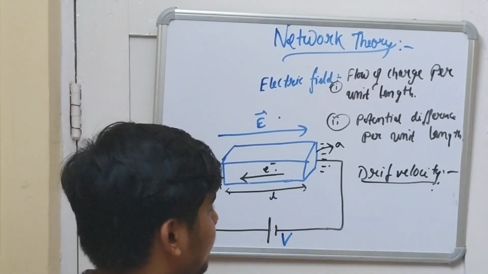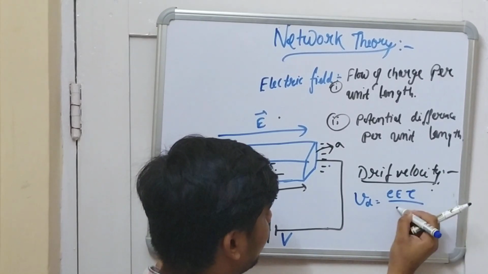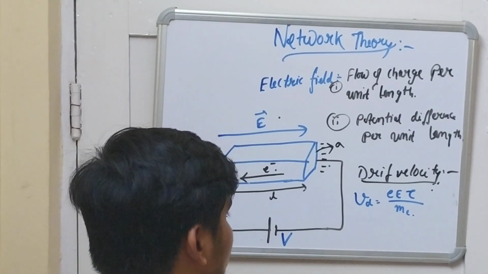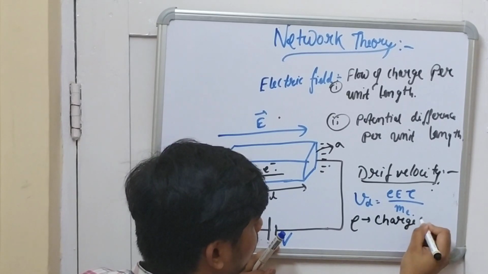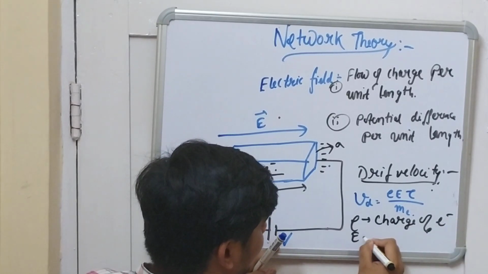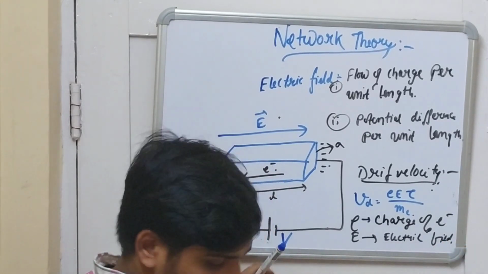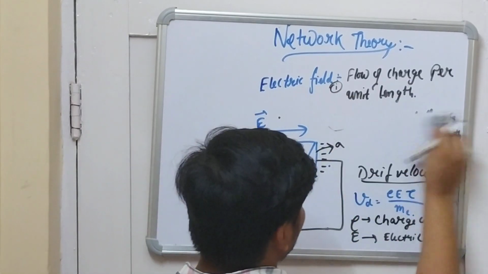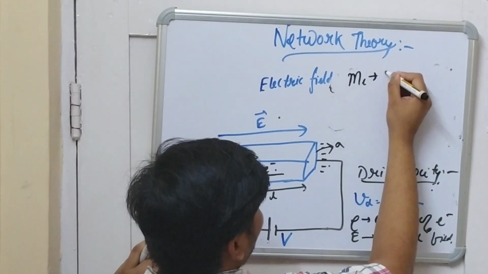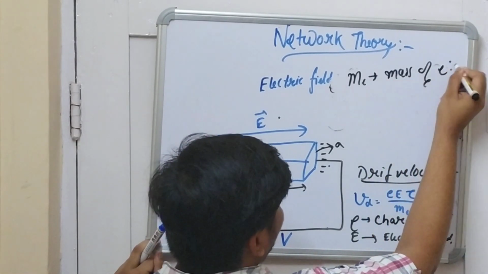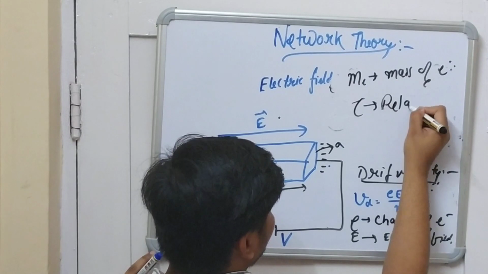And it is equal to Vd = eτ/me, where e is the charge of the electron, capital E is the electric field, me is the mass of the electron, and τ is the relaxation time.